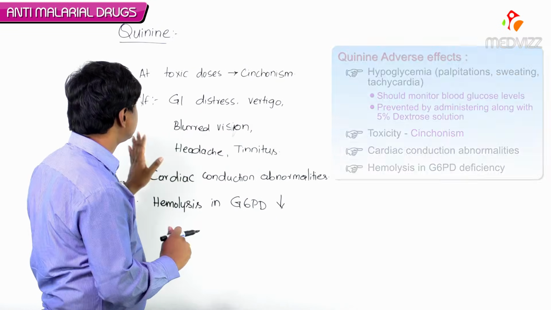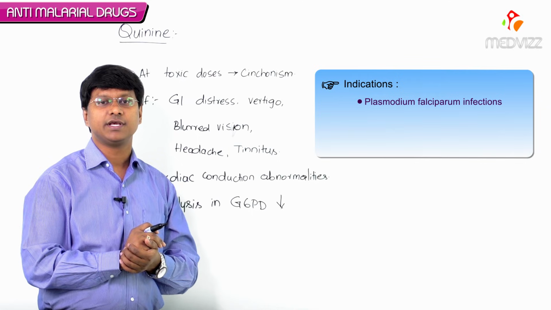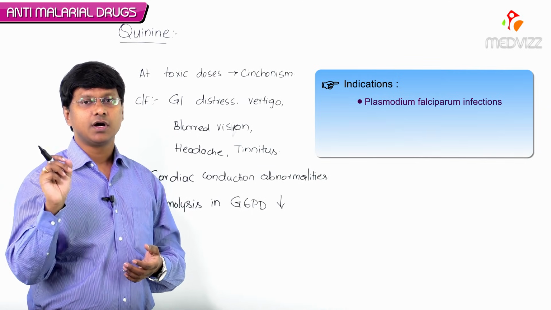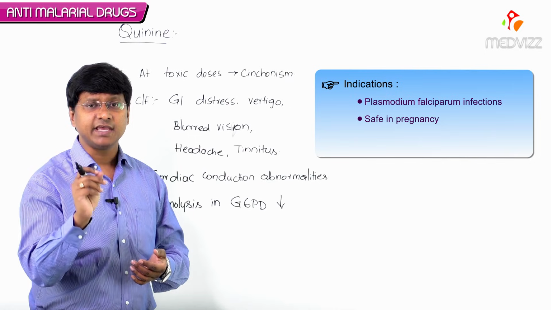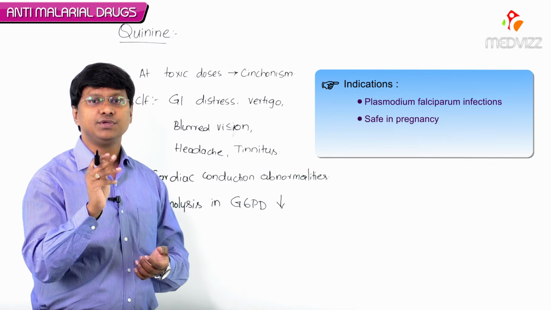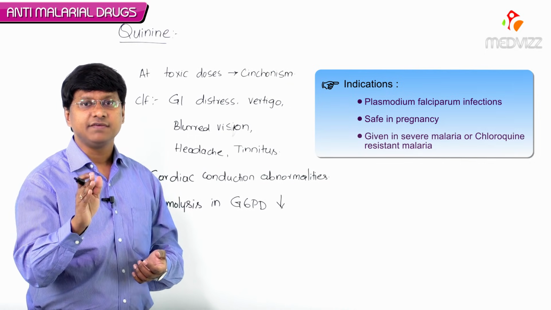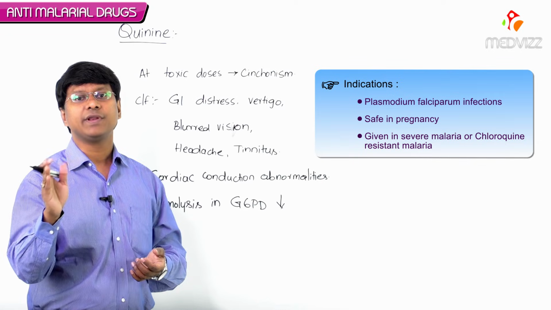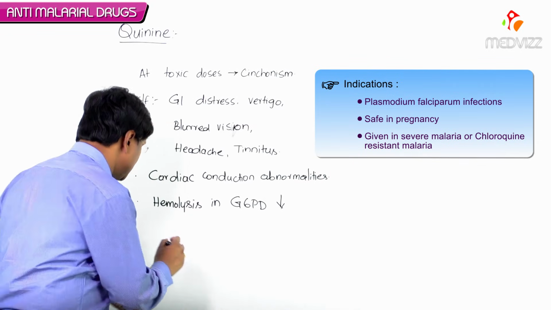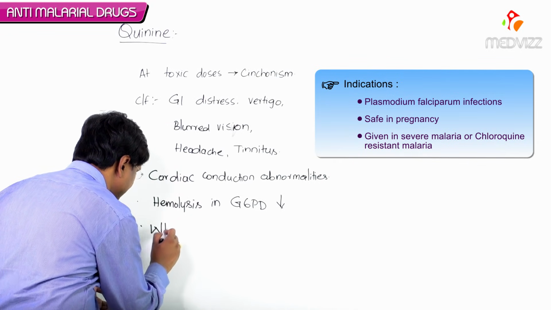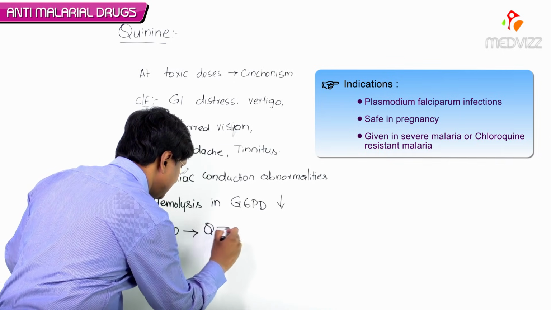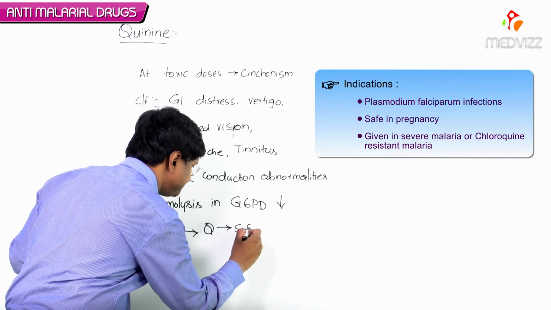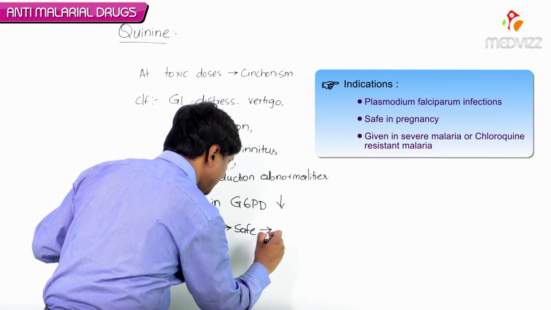All right. Next, the other important point regarding quinine is that, according to the WHO guidelines, quinine is safe in pregnancy and can be used for severe or chloroquine resistant malaria.